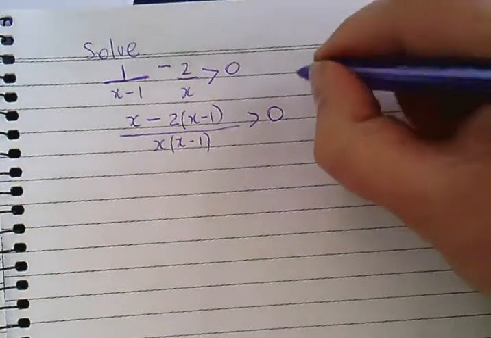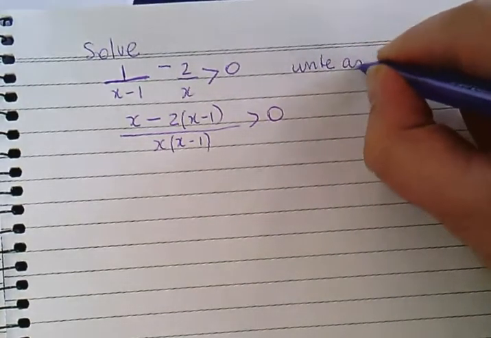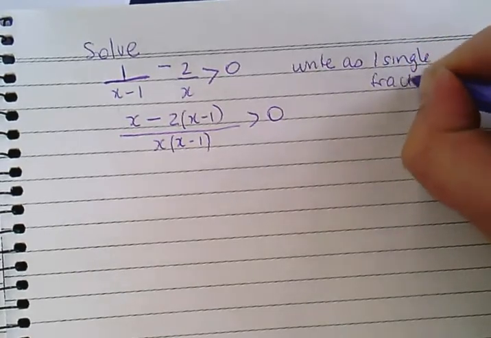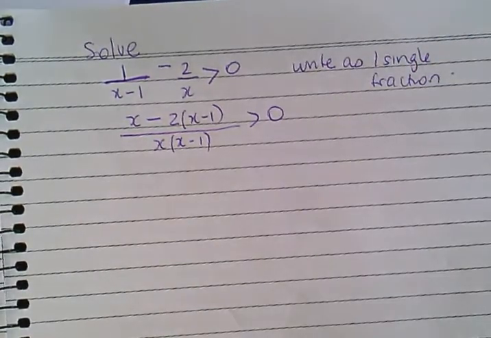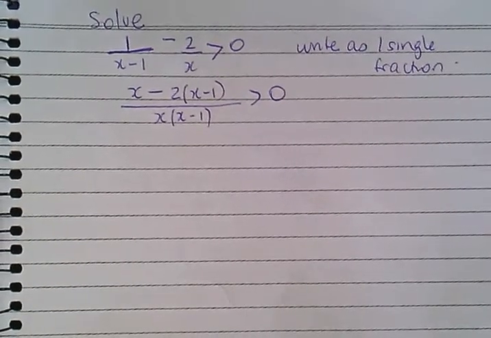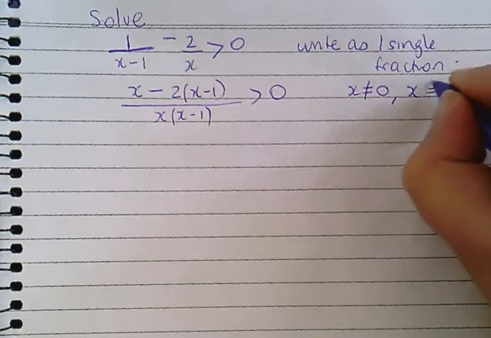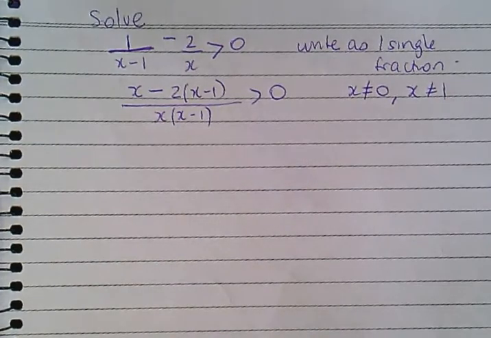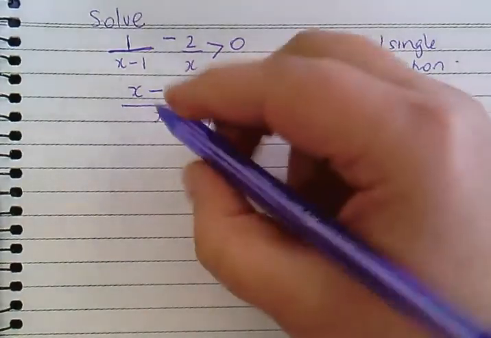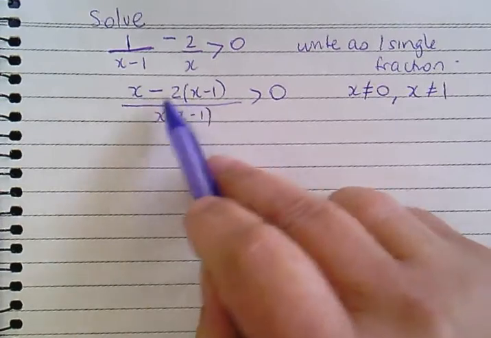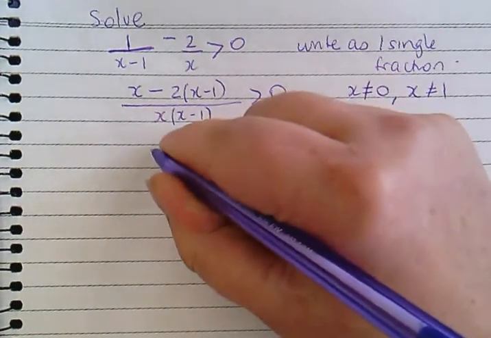So I write it as one single fraction. Right, before we go any further, what can x not equal? x cannot equal 0, x cannot equal 1. Now, I know this is looking a bit weird. Why don't we expand this numerator, make it look a bit better? x − 2x + 2, yeah?